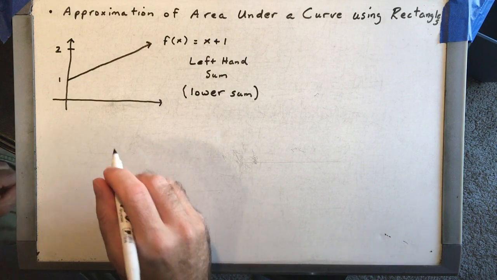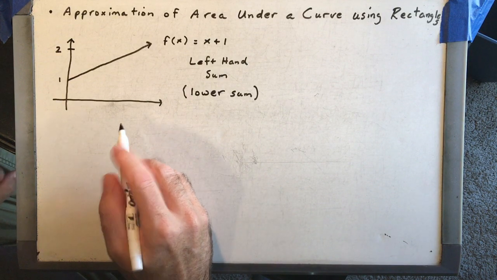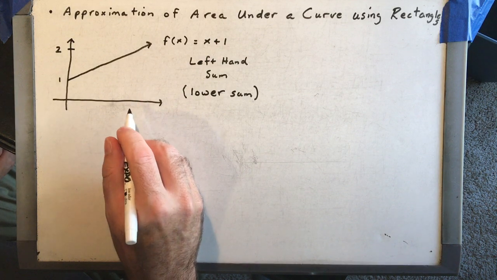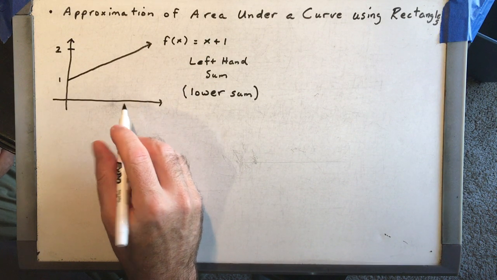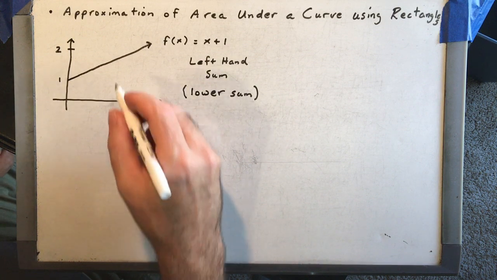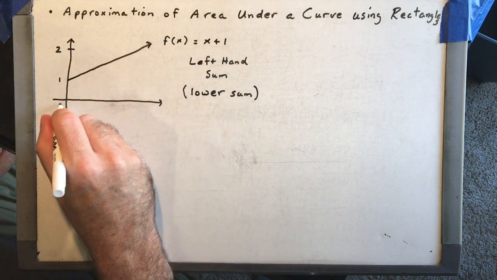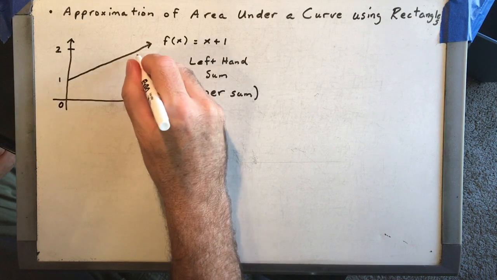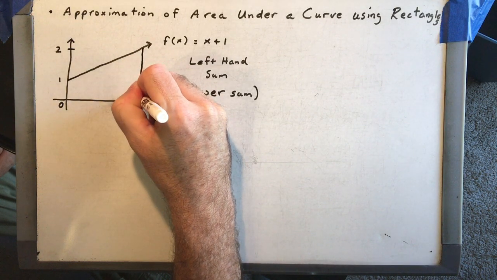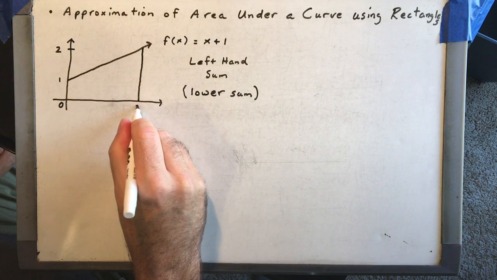So what we're going to do is divide all the area under this into rectangles. We want to find the area under the curve from 0 to 2.